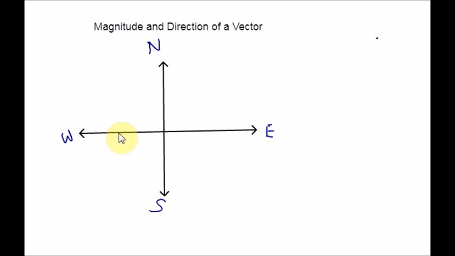Okay, the direction of the vector is often expressed as a counterclockwise angle of rotation of the vector about its tail, from due east. So this is one of the most common conventions for the direction of a vector, and you can utilize this while solving the problem.